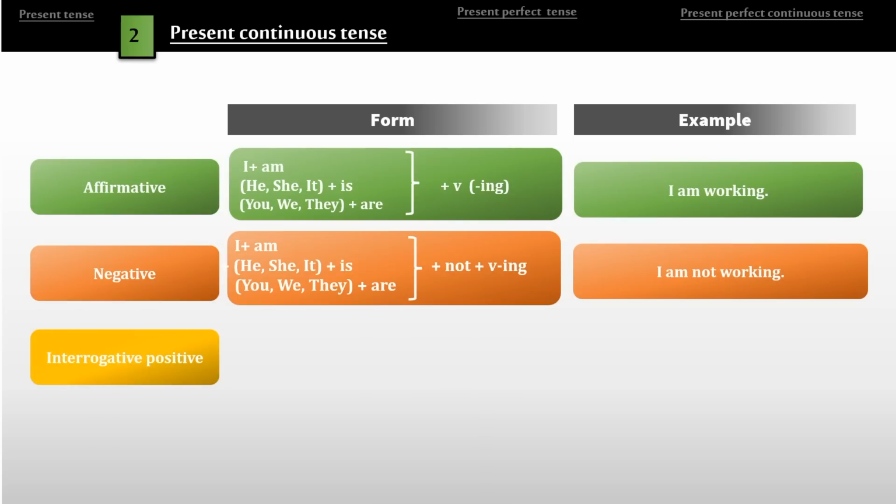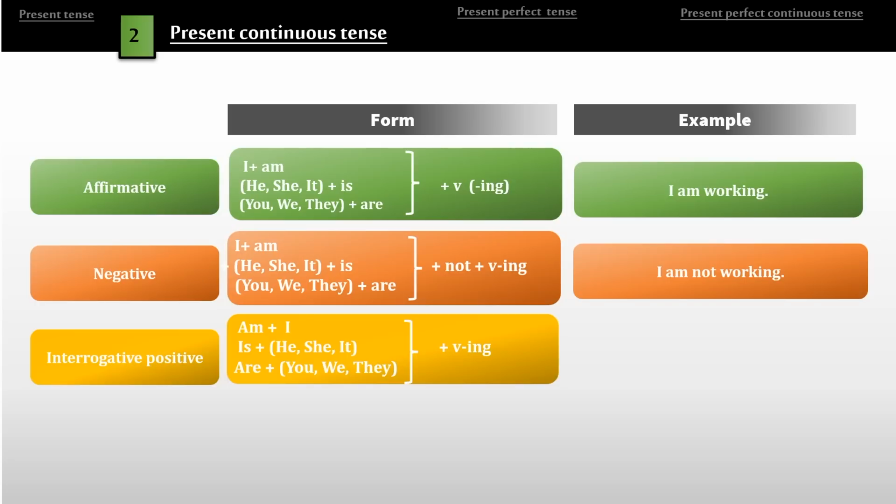Interrogative sentence. We make positive questions by putting am, is, or are in front of the subject. Am plus I plus verb ing, is plus he, she, or it plus verb ing, and are plus you, we, or they plus verb ing. Example: is she working?